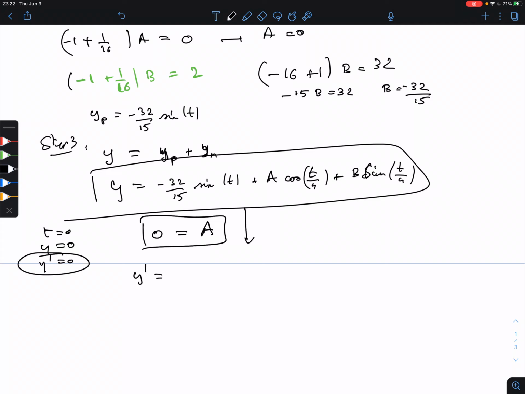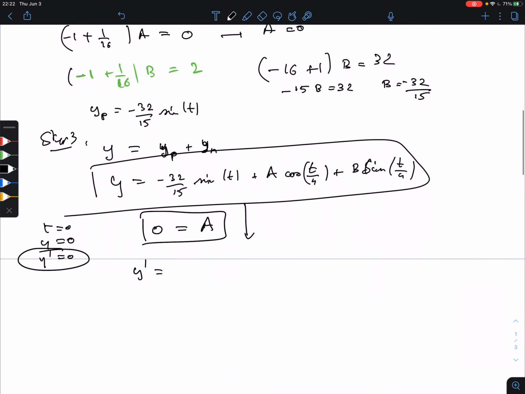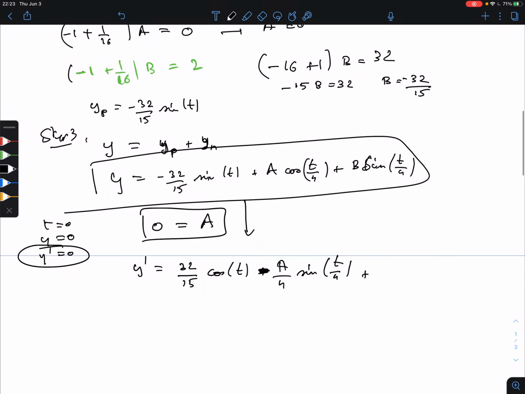Y prime: the derivative of sine is cosine, so these cancel, and we get cosine t here. The derivative there would be a over 4 sine t over 4, and there's a minus sign there. And then the derivative here will be b over 4 cosine t over 4. Yes, the derivative of cosine is minus sine. Now we plug in t equals 0.